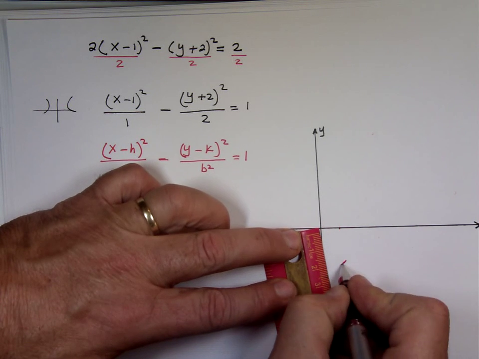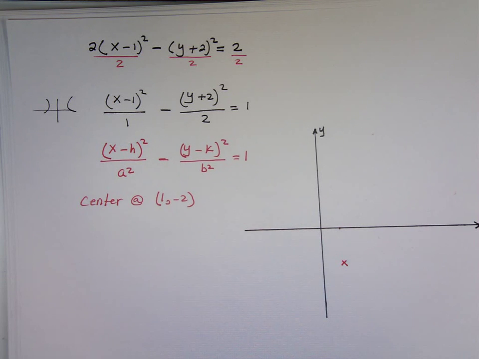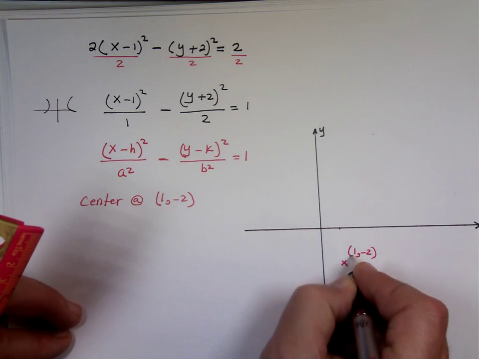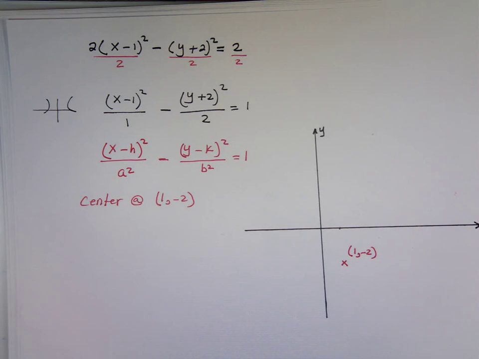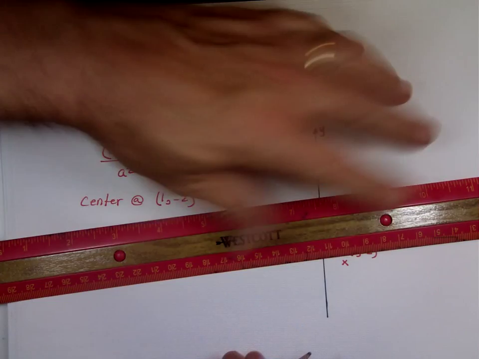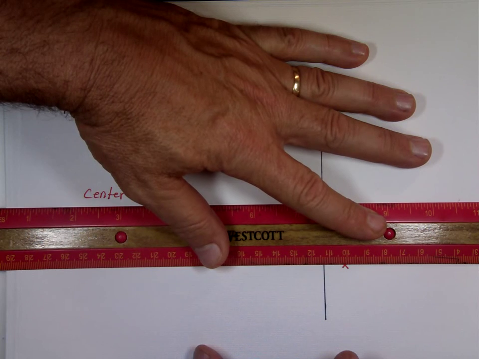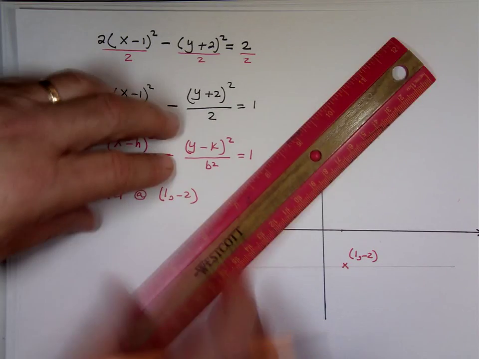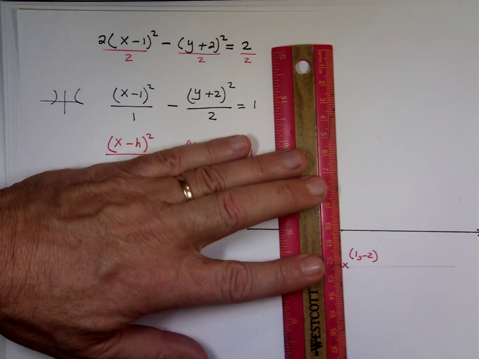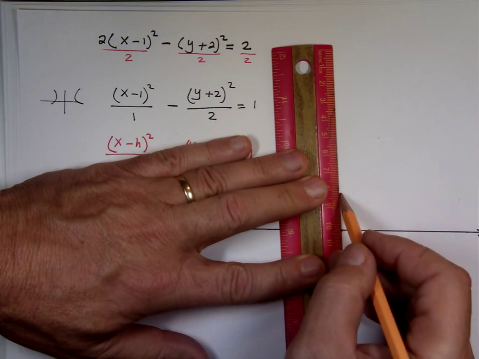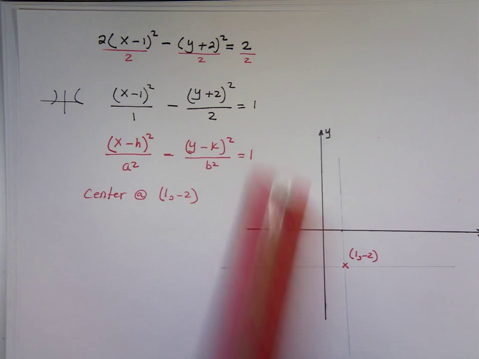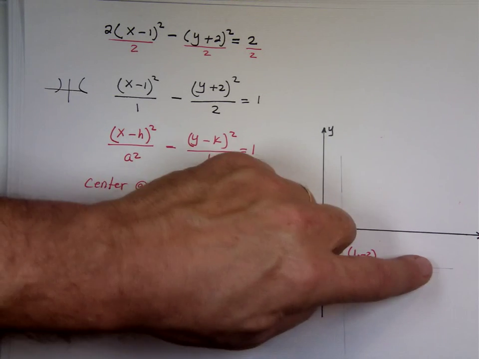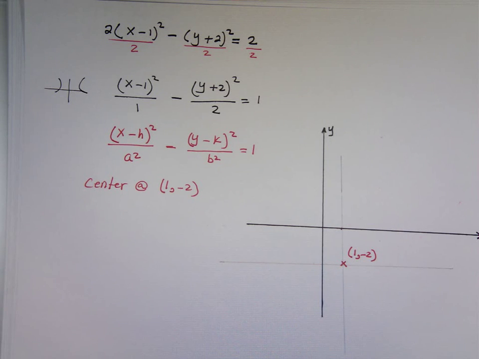That's where the center is going to be, 1 comma negative 2, the new center. Again, my fake axis right here now. I try to make it really thin so I don't have to erase it. I don't know if you can see it on the screen even. Barely. That becomes my new x-axis, my new y-axis. I pretend they're the ones.